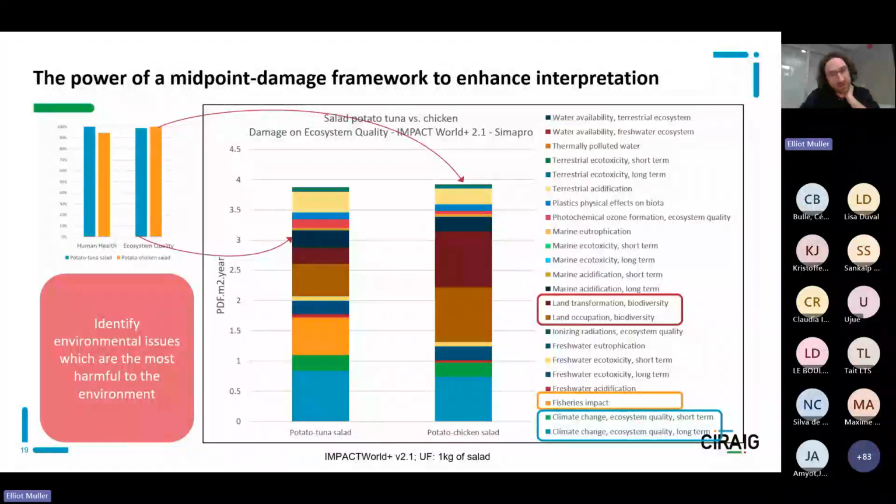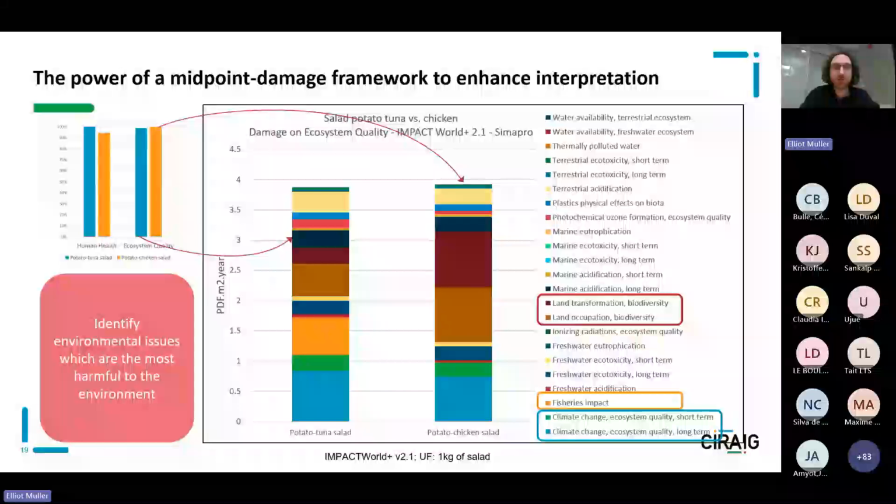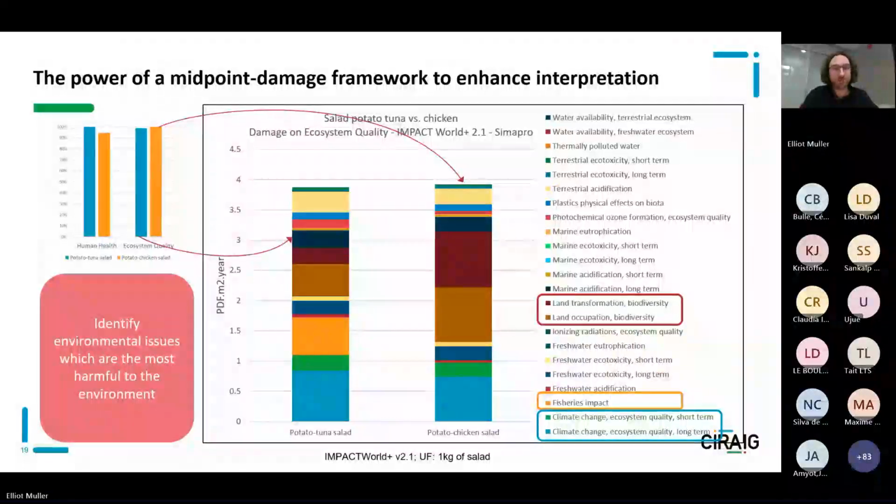Whereas, of course, the fisheries impact is quite contributing for the potato and tuna salad, but not at all for the potato and chicken salad. And on the contrary, for climate change, it's almost the same contribution for both indicators. So that allows us to say, yes, the results for the ecosystem quality indicators are quite similar for both systems, but it's not for the same reason.